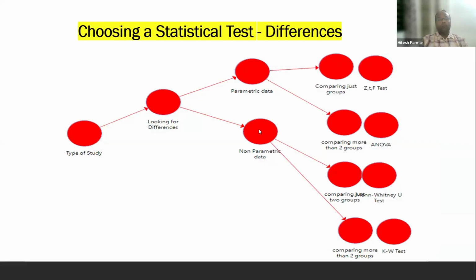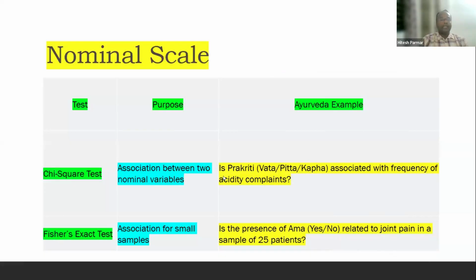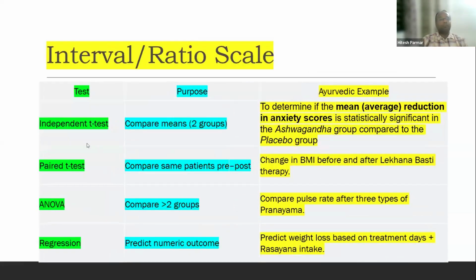And if you are comparing the difference with respect to ordinal data, then you can go with the Mann-Whitney U test, right? So here also, in the independent sample t-test, we are comparing the 2 groups.